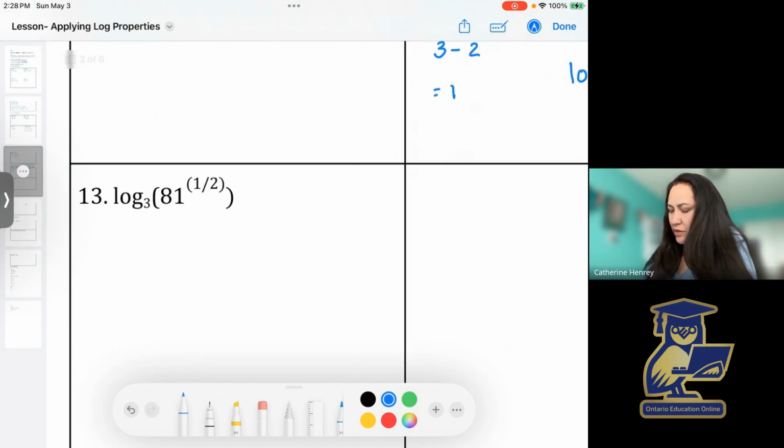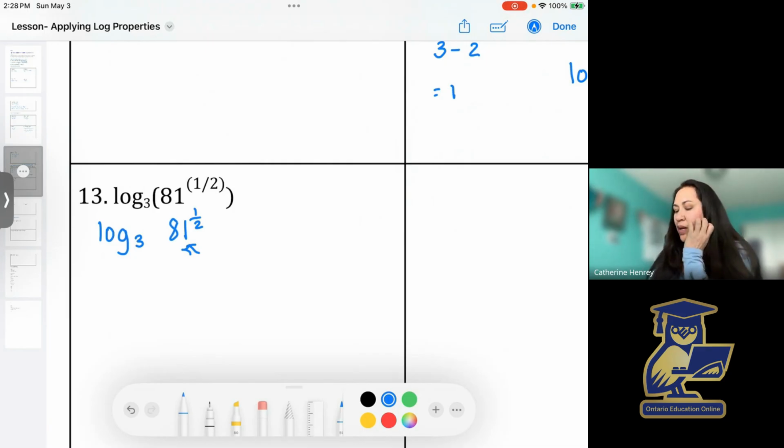So we have the log of 81 to the power of 1/2 to the base of 3. Let's see if we can change 81 into an exponent that has a base of 3. 81 is 3 to the power of 4, but we still have the exponent of 1/2.